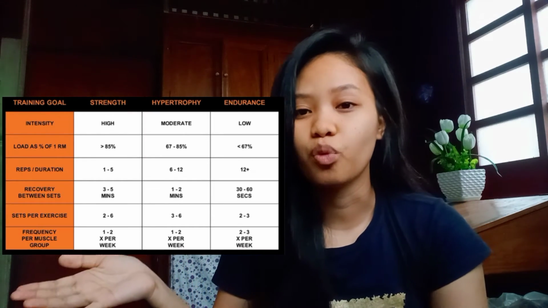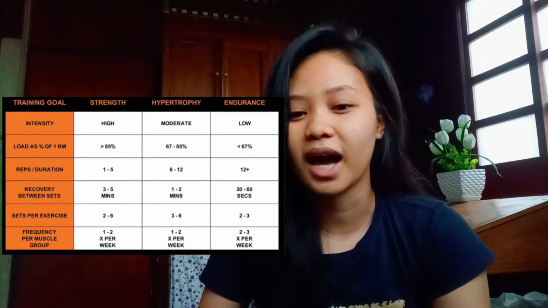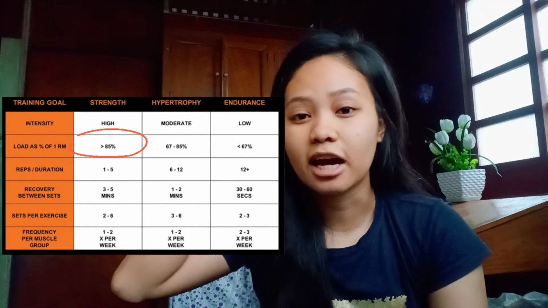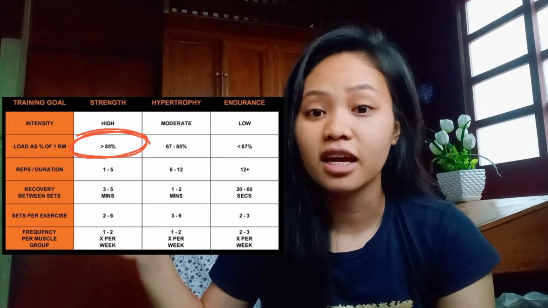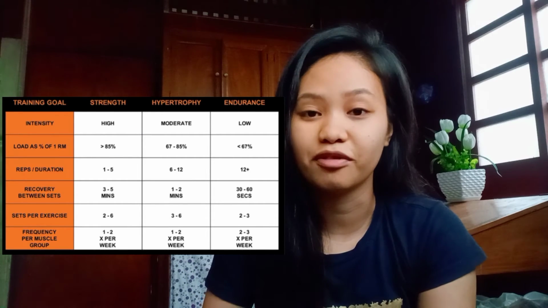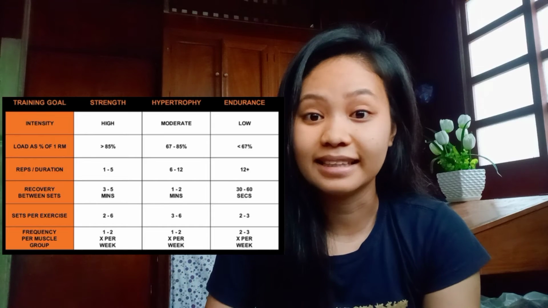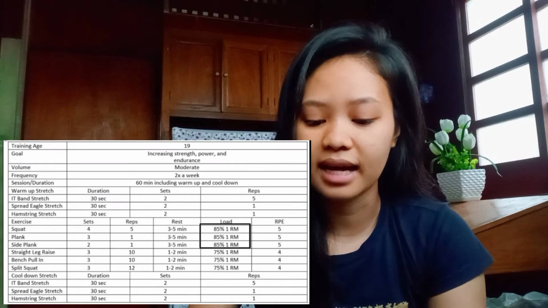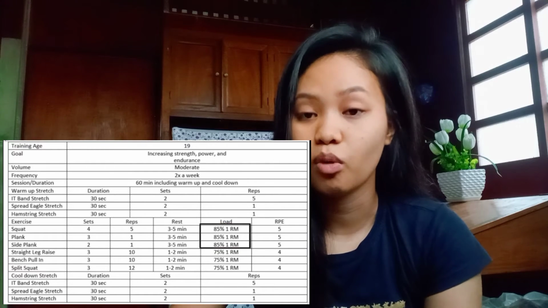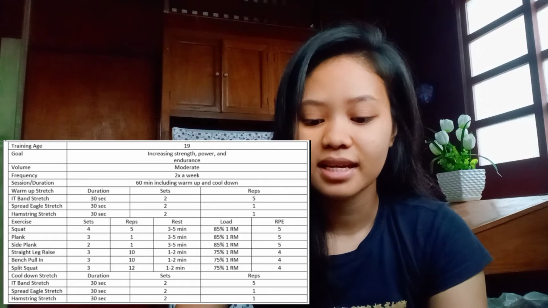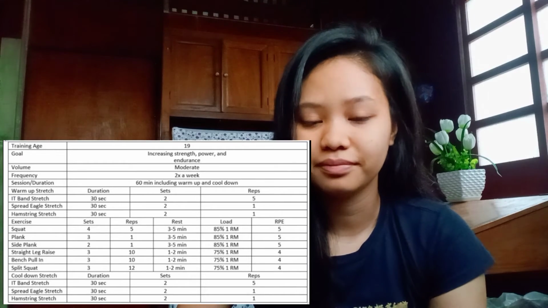Here, if you want the exercise to be high intensity, then this is going to be the load and the RPE, and everything will follow. I followed the load first since I want the first 3 exercises to be high intensity. That is why the 3 exercises have a load of 85% of 1 RM. And the RPE for squats is going to be 5.